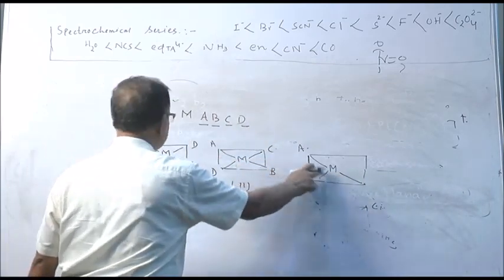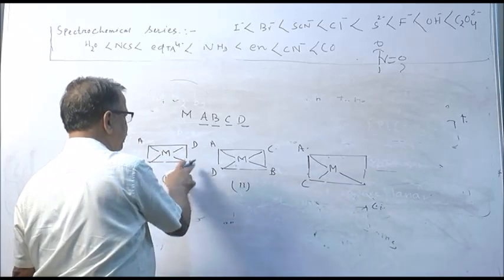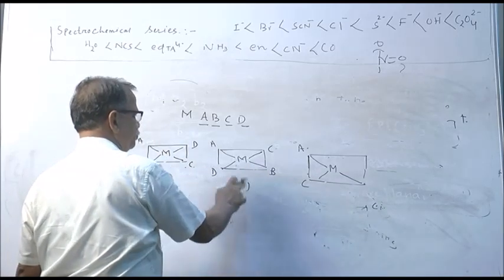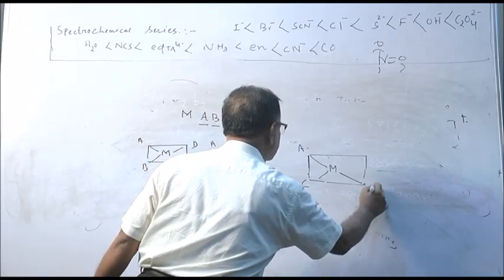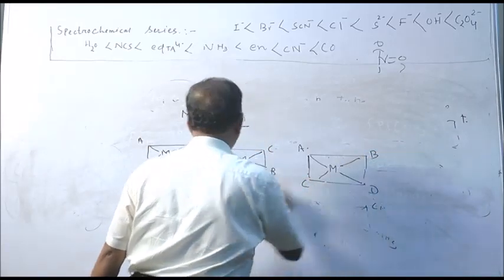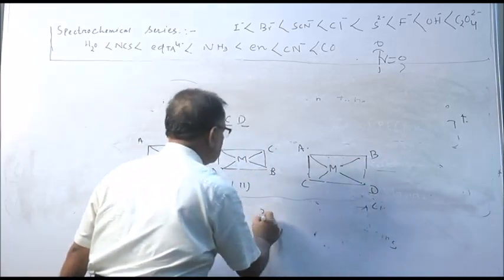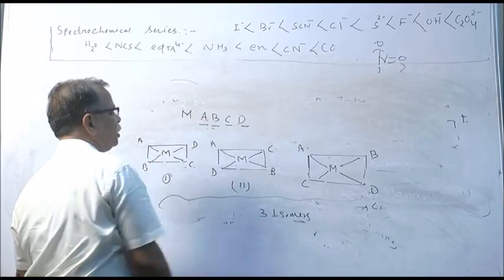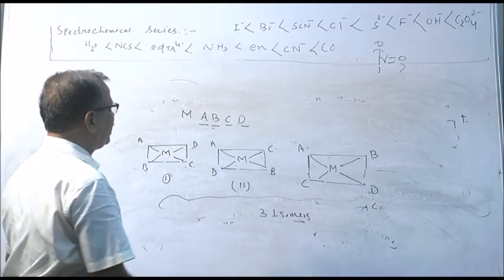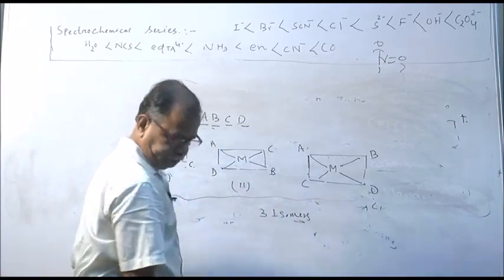M, A remain there, here C, B, and we may write this like D, B. So we get 3 isomers. If the 4 ligands are different in coordination number 4, a square planar complex gives 3 geometrical isomers.